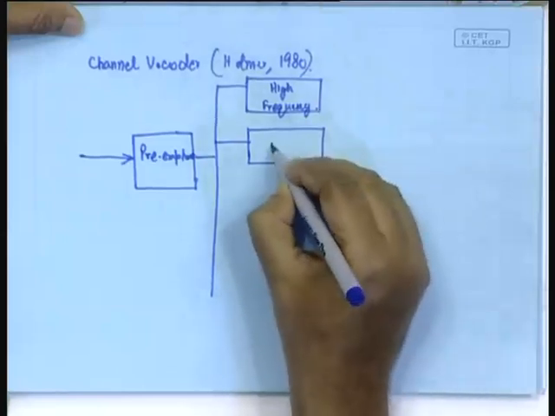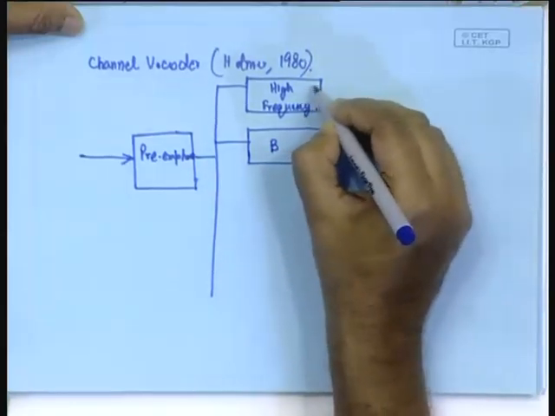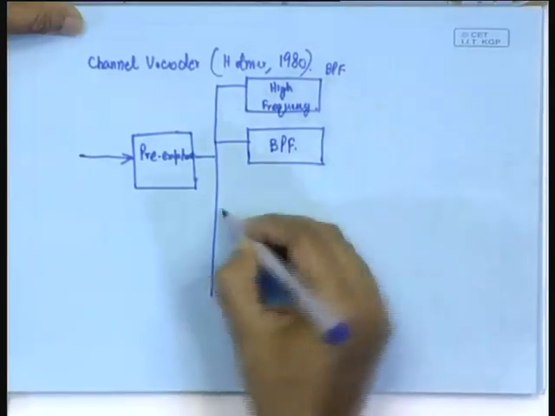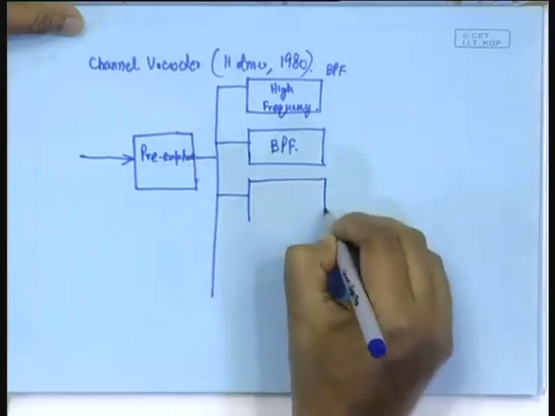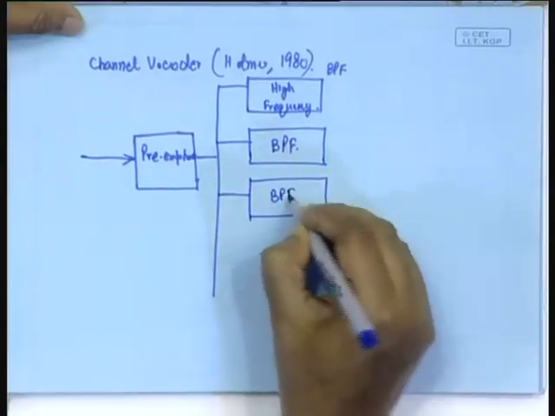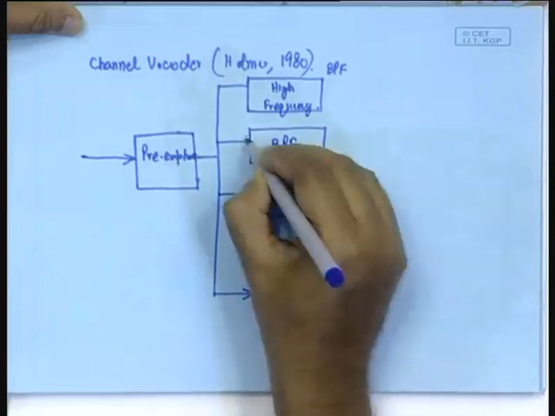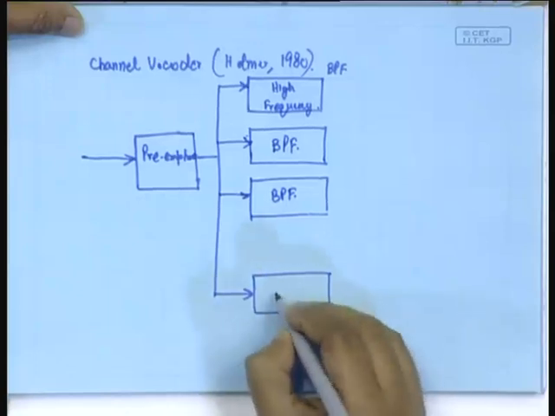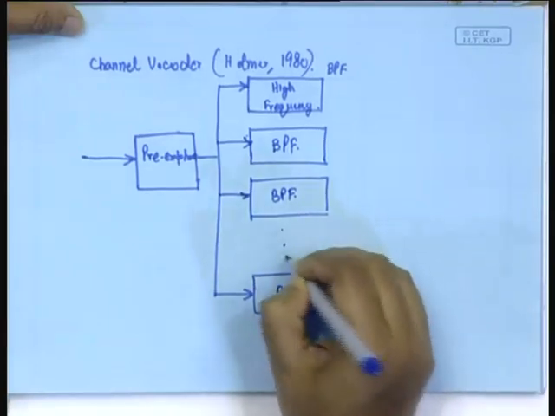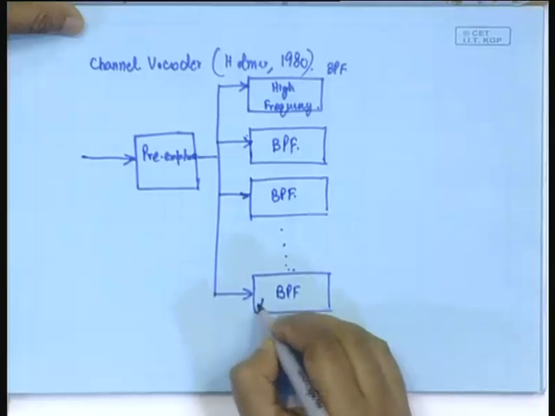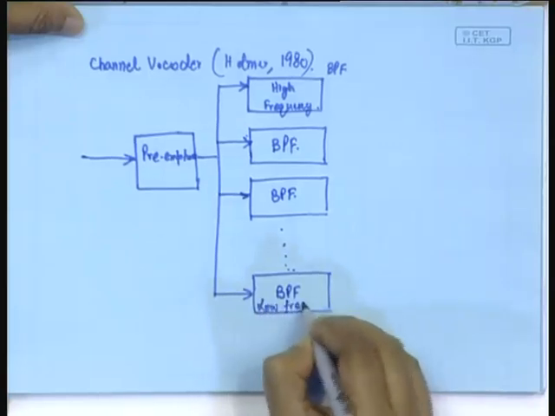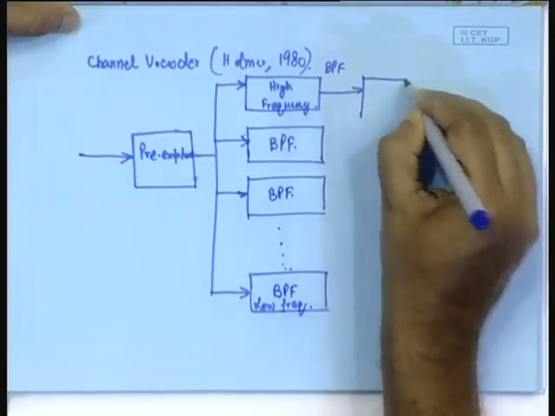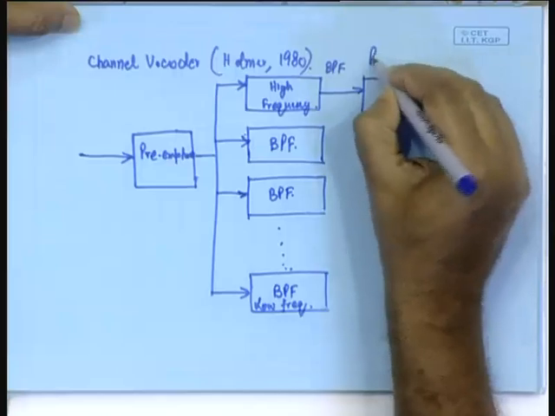So, this is the highest frequency BPF, here we have the next lower frequency BPF, and finally the lowest frequency BPF, or in other words a low pass filter. So, it is a bank of band pass filters that we are talking of. These filter outputs will be fed to rectifiers.